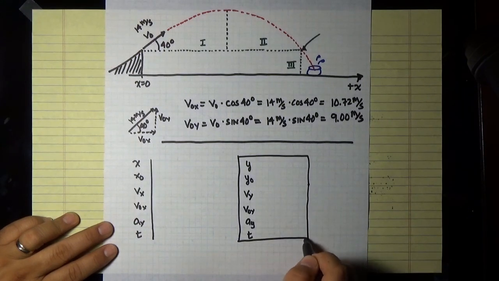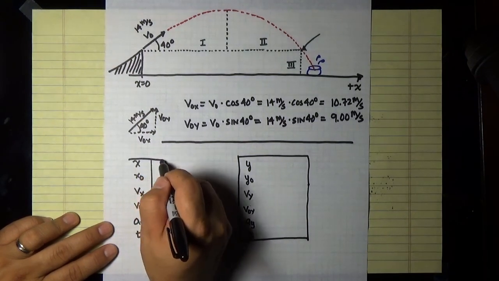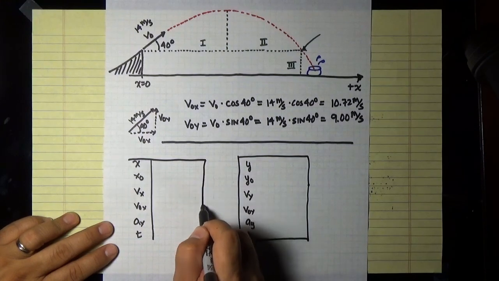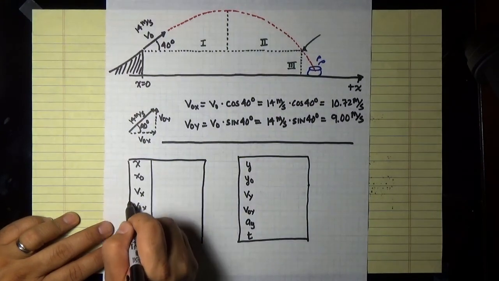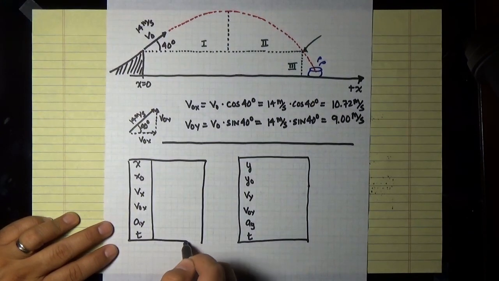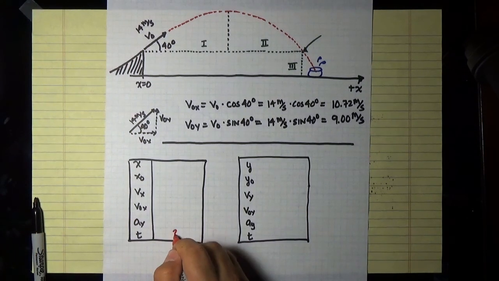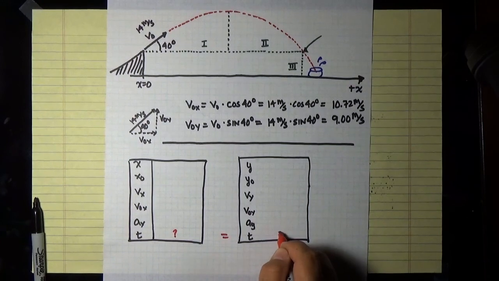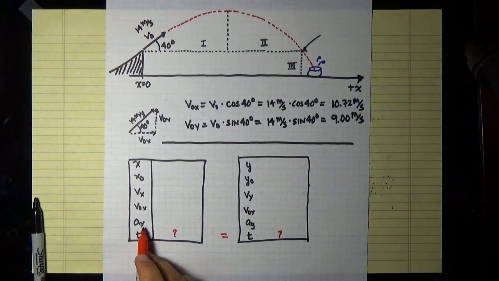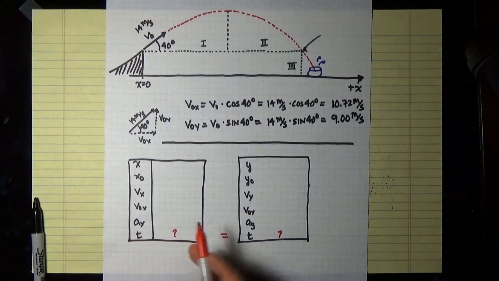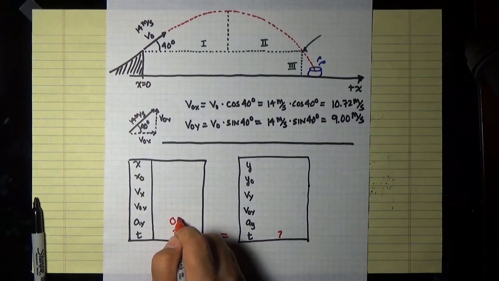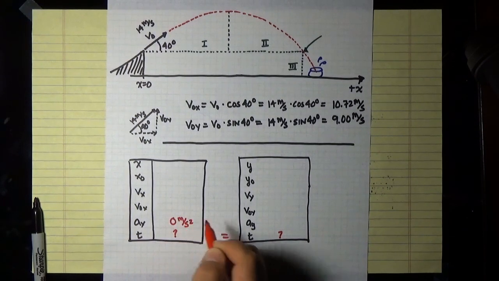As with many, if not all, projectile problems, the time between the x and the y direction is the same. Okay, in this case it is unknown. The acceleration in the x direction is 0 meters per second per second. There is no acceleration in the x direction.